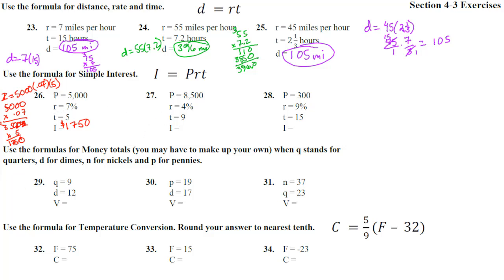Okay, number 27. So we have 8,500. Now again, the P is going to go right there. The rate 0.04 is there times 9. Okay, so 8,500 times 0.04, 0, 0, 5, 4 times 5 is 0, carry a 2, and we get 34.